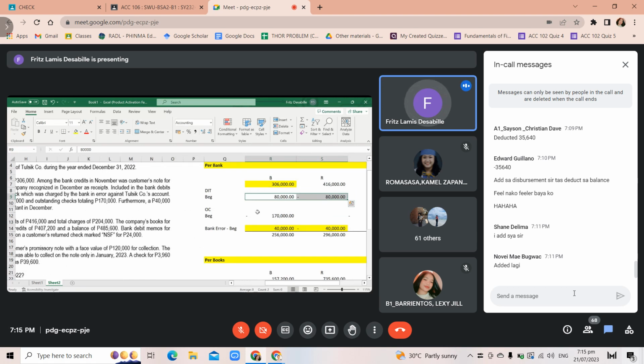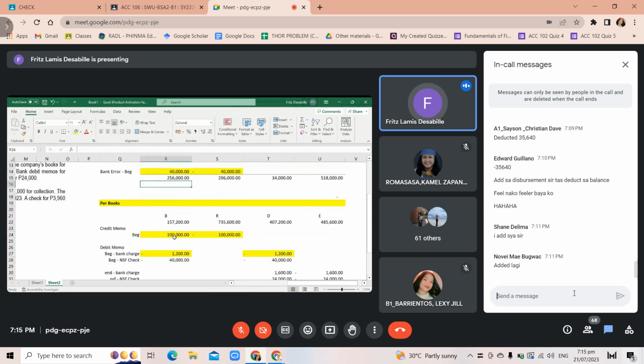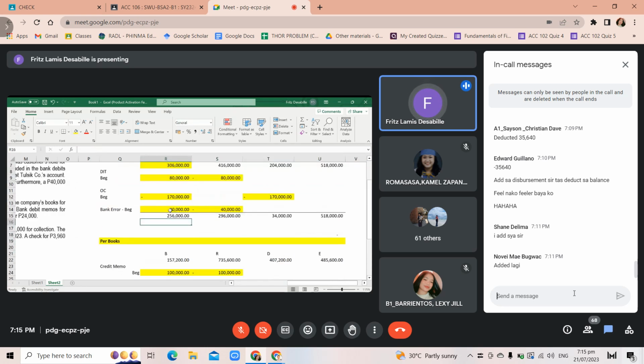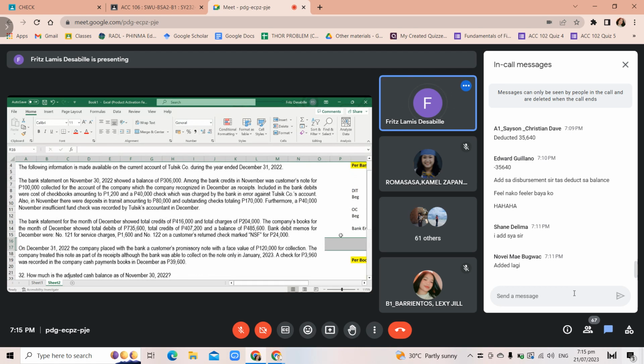And outstanding checks, correct. Beginning, correct. Okay. Sige. I will park the 40, because it may be uncorrected, since no one here will say that it was corrected. So it may be included.